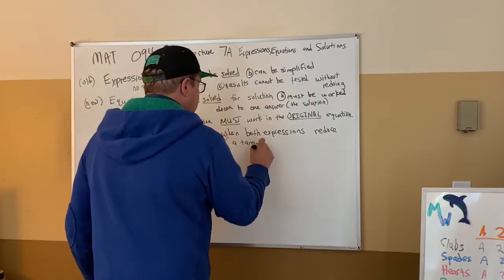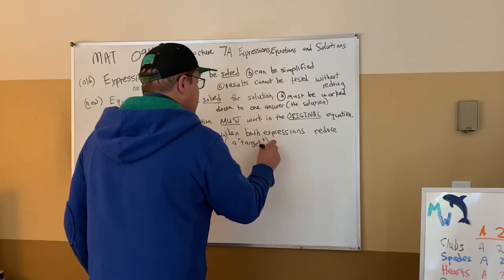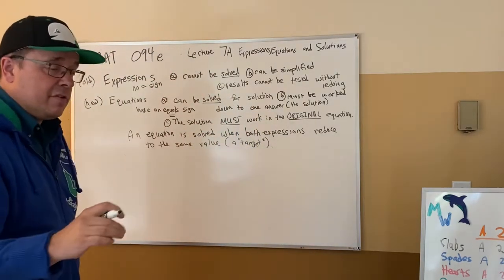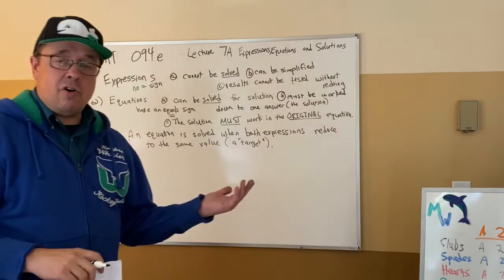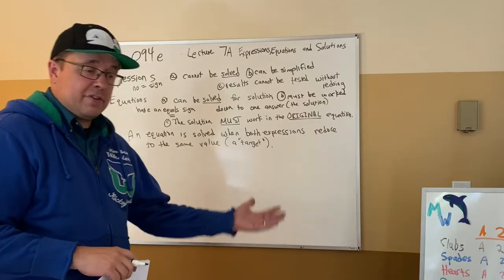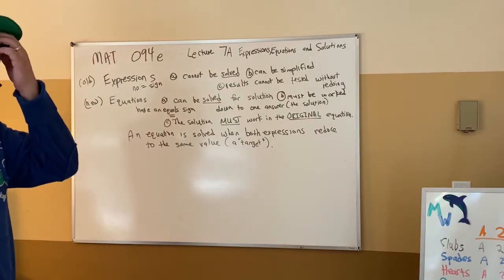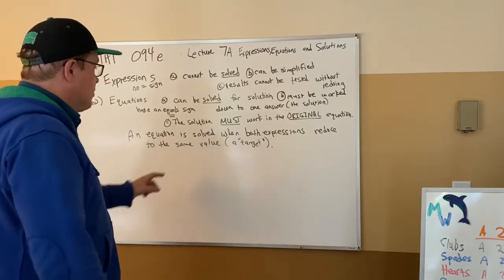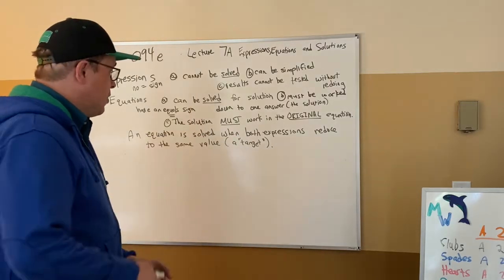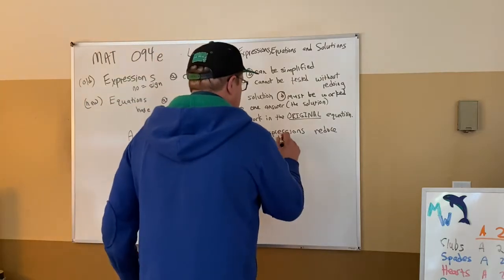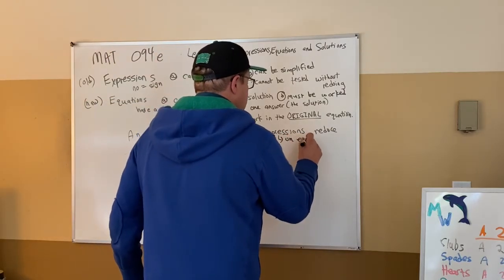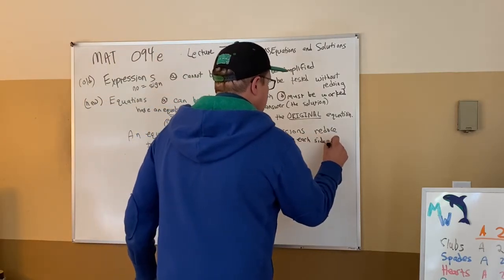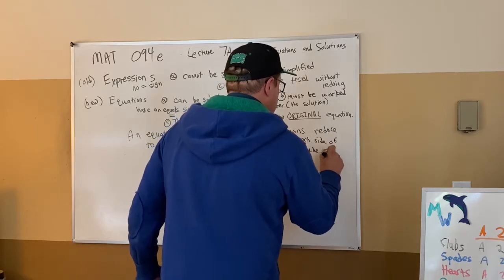You have a target value that each expression is trying to reach. Sometimes the target is right there for you to see. Sometimes the target is hidden almost till the end of the work. But there's one number that will make both sides hit the same value. And an equation is solved when both expressions reduce to the same value. The expressions are on each side of the equal sign.